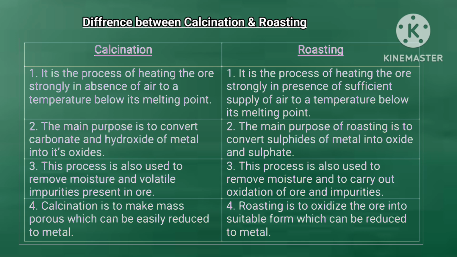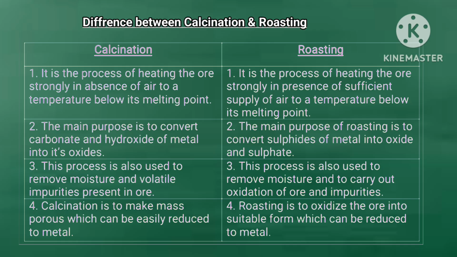But in the roasting process, let us see point number two: the main purpose of roasting is to convert sulfides of metals into oxide and sulfate. It means that both processes are used for conversion, but in calcination, carbonate and hydroxide of metal are converted into oxide, while in roasting, sulfides of metal are converted into oxide and sulfate.